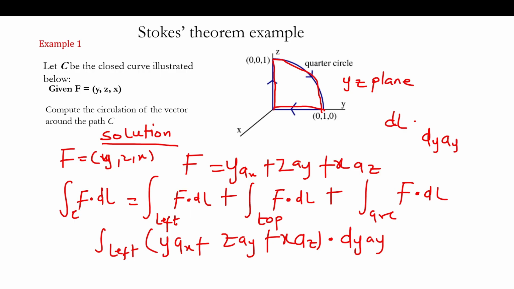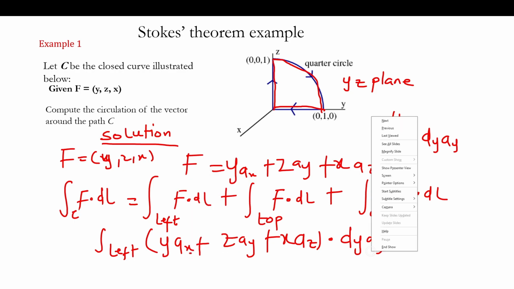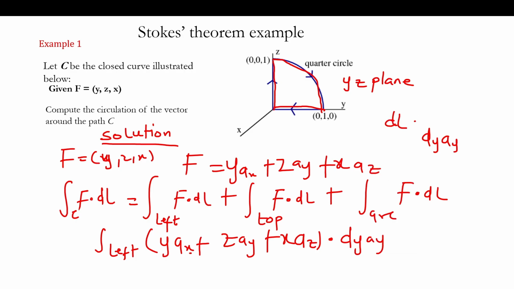The dot product of ax and ay is going to give me 0. The dot product of ay and ay is going to give me 1, so z here. The dot product of az and ay is going to give me 0.